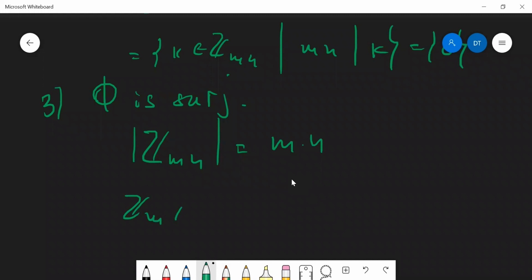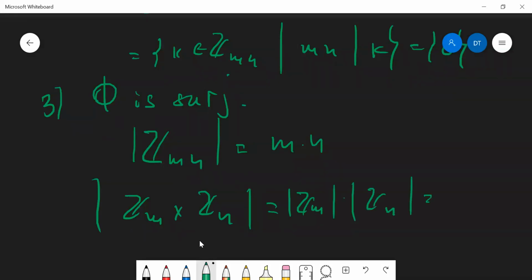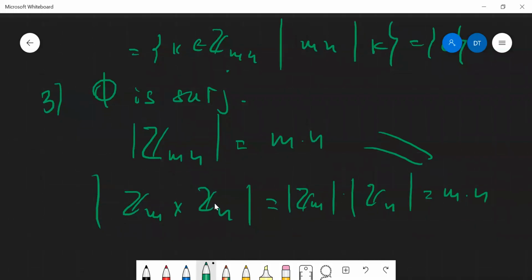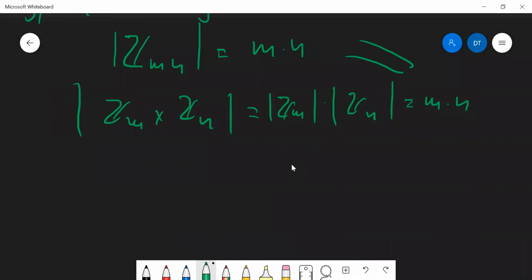Now I want to compute the number of elements on the right-hand side. Since this is the Cartesian product, the number of elements here is just the number of elements in the first factor times the number of elements in the second factor. So this is the number of elements in Zm times the number of elements in Zn, which is m times n, which is exactly the same number as here. So these two groups have exactly the same number of elements.